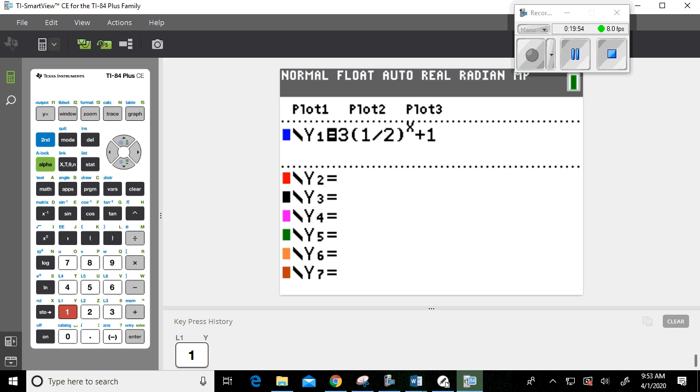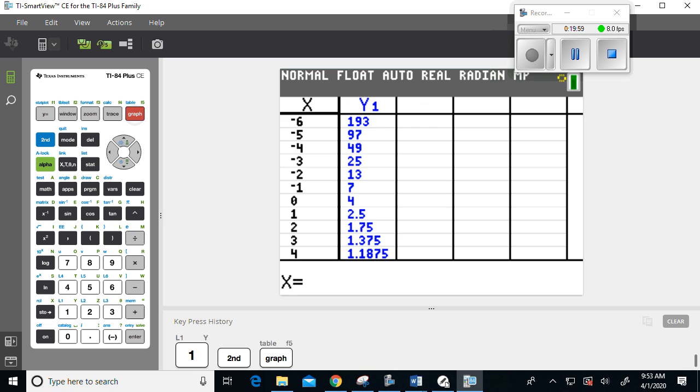So we need some points. Hit second, hit graph. We're looking for 2 points. 3 points will be beautiful, but 2 will at least get the job done.